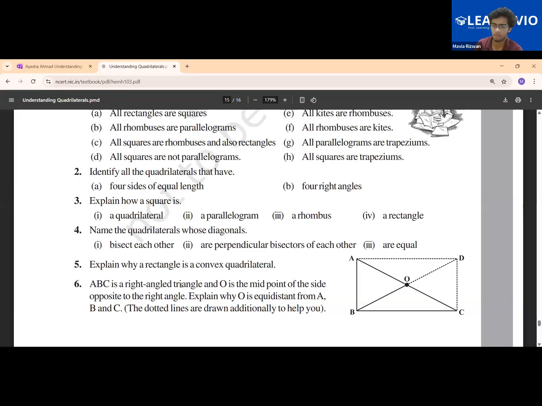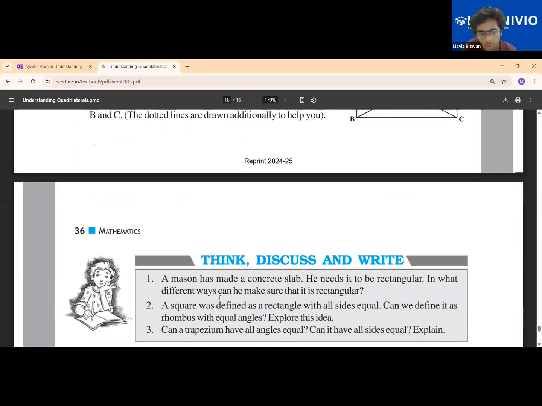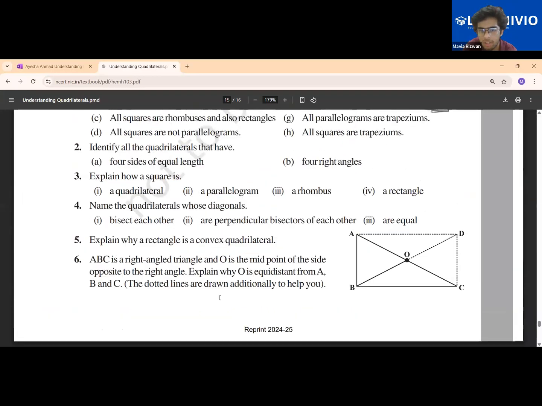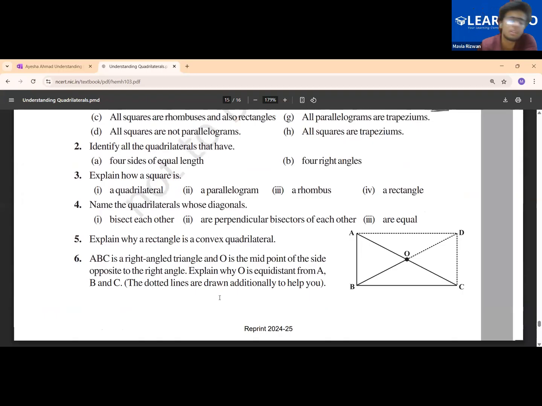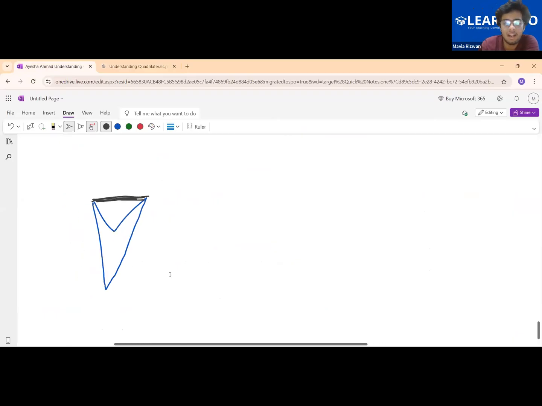Yes, sir. Okay. Now ABC is a right angle triangle and O is the midpoint of the side opposite to the right angle. Explain why O is equidistant from A, B, and C. Question 6. Okay, Aisha, I'll tell you how to do question 6. ABC is a right angle triangle.